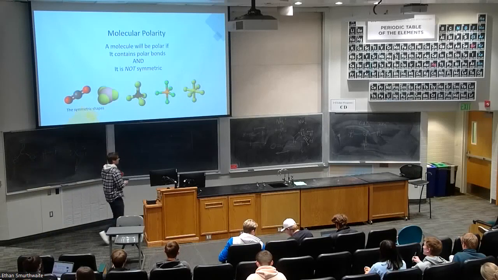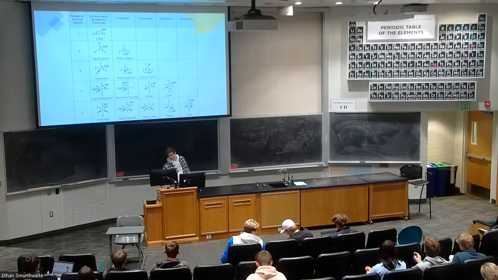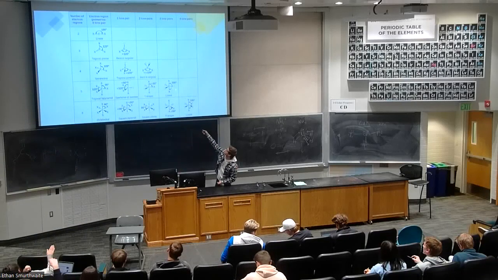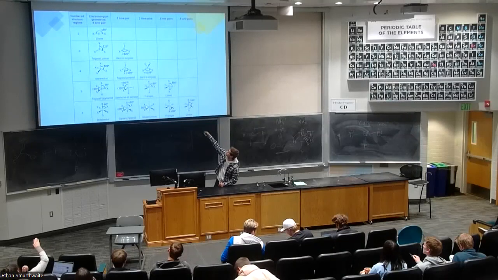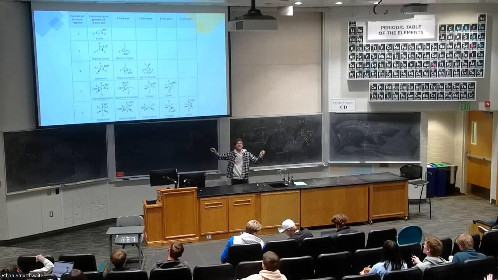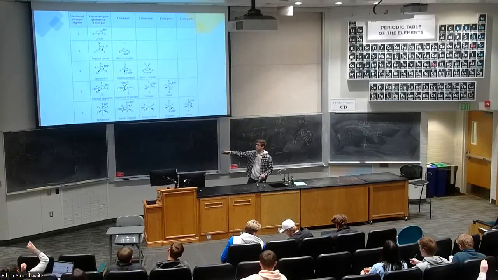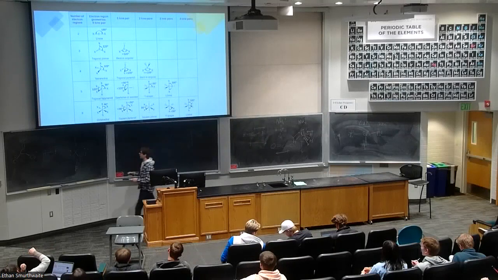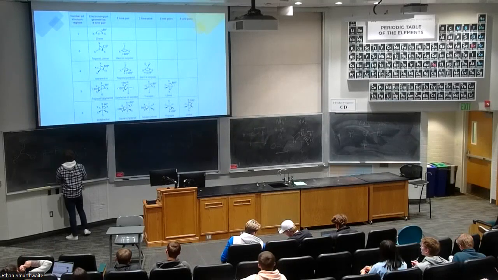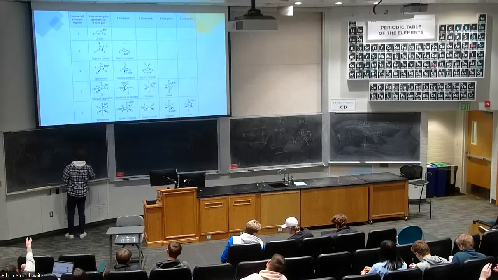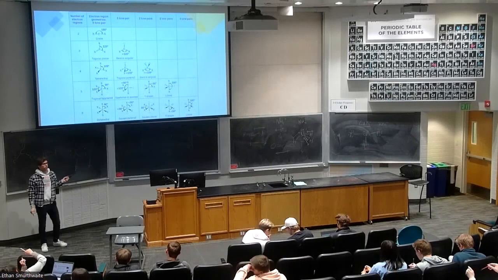Okay, linear. And we can look at the chart. Right here, we see that this one, 3 lone pairs, it's linear. Linear, linear. And because it's linear and they're both pulling in the same way, nonpolar. Unless the atoms bonded to this are different. If the atoms bonded to this are different, it is now polar. Okay?